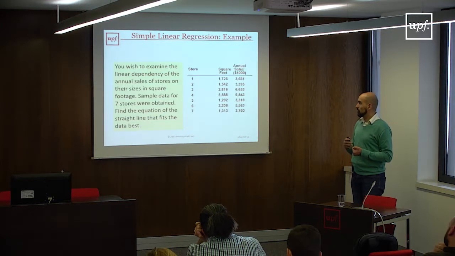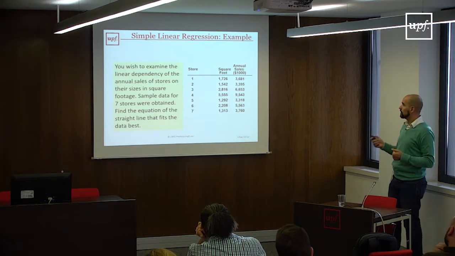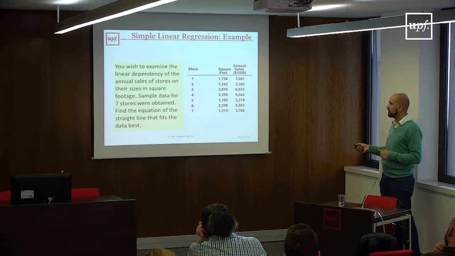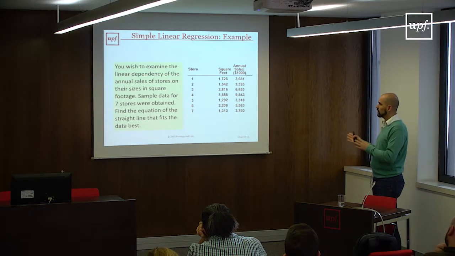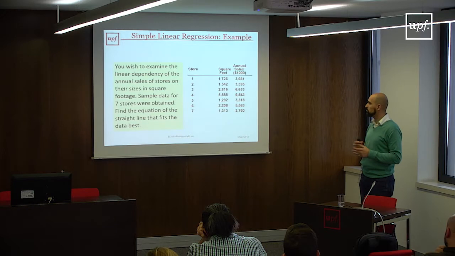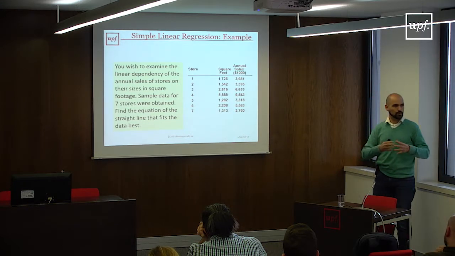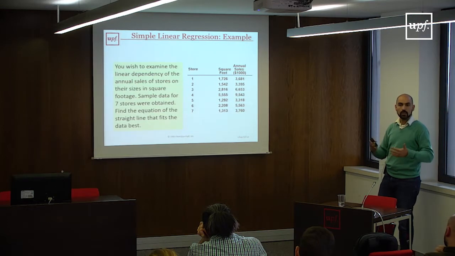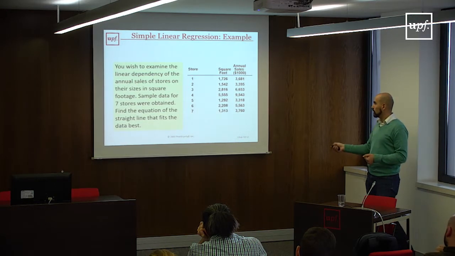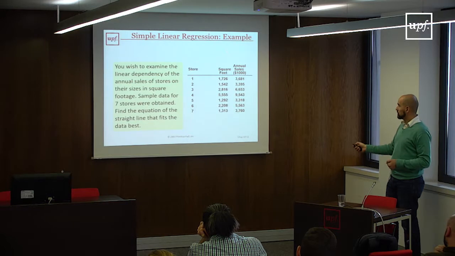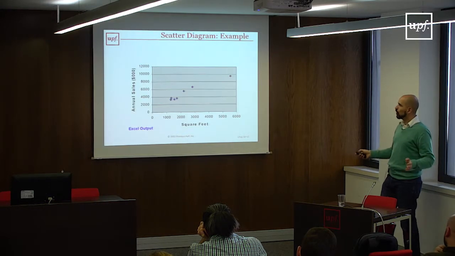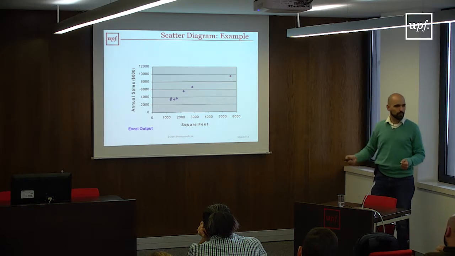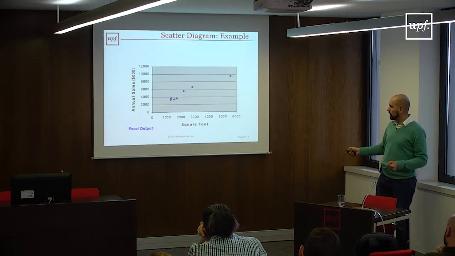Let's see an example. So you wish to examine the linear dependency of the annual sales of a store on their size in square footage. So you have stores that are bigger or smaller, and you want to compare the dimension of the store with the number of sales. You have a number of stores, square feet, annual sales. You plot the points, no?